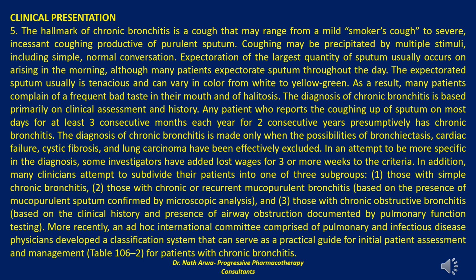More recently, an ad hoc international committee comprised of pulmonary and infectious disease physicians developed a classification system that can serve as a practical guide for initial patient assessment and management, as shown in Table 106-2, for patients with chronic bronchitis.